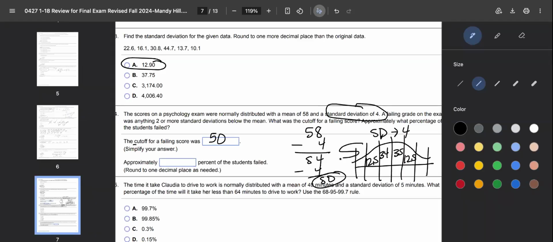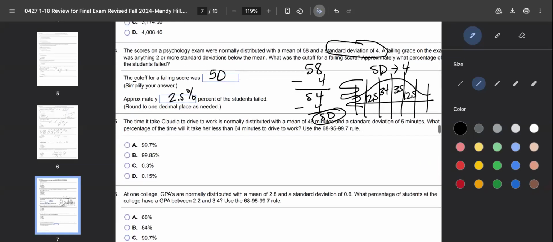So all of this group ends up being 97%, and so we're looking at this very last little section that ends up being 2.5%.